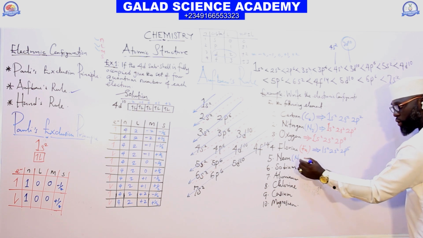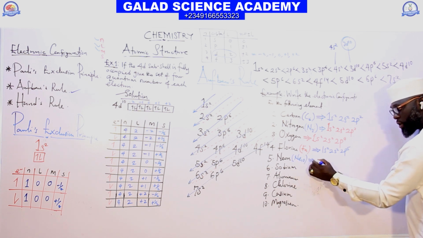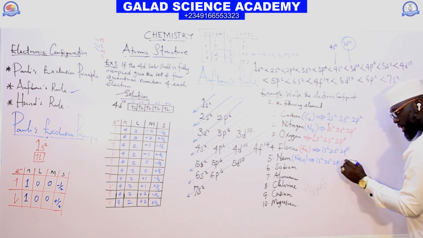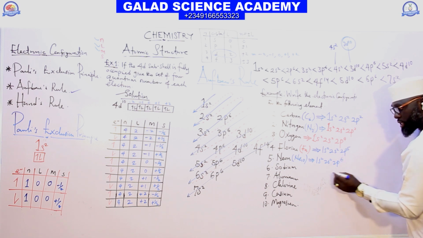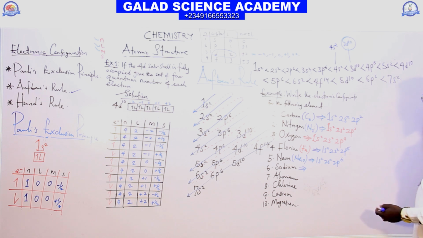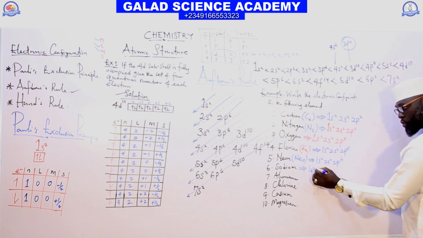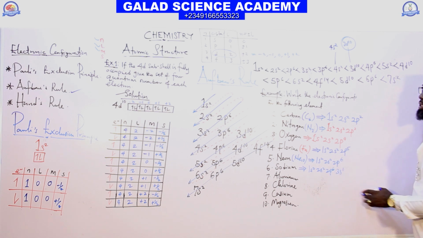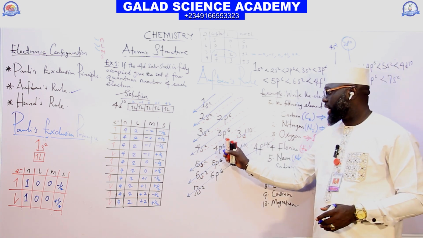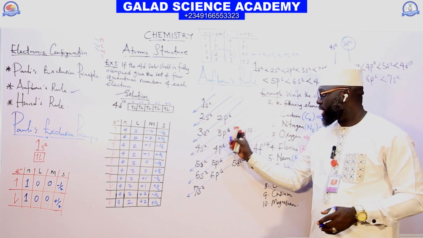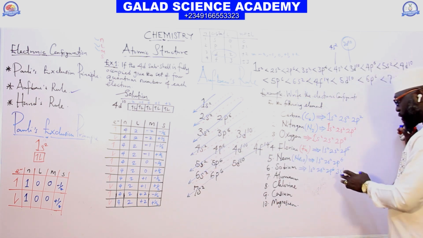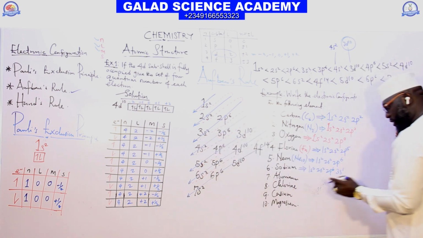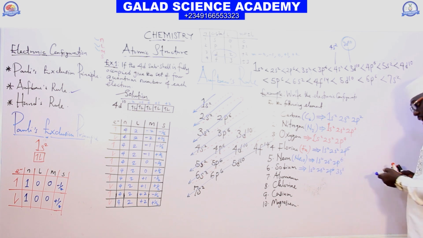Writing for neon, which is 10, we have 1s2, 2s2, 2p6. For sodium, which is 11, it will be 1s2, 2s2, 2p6, 3s1.